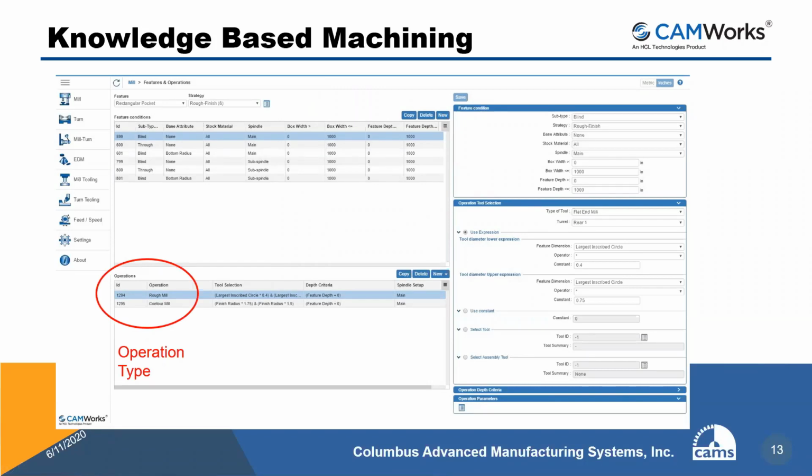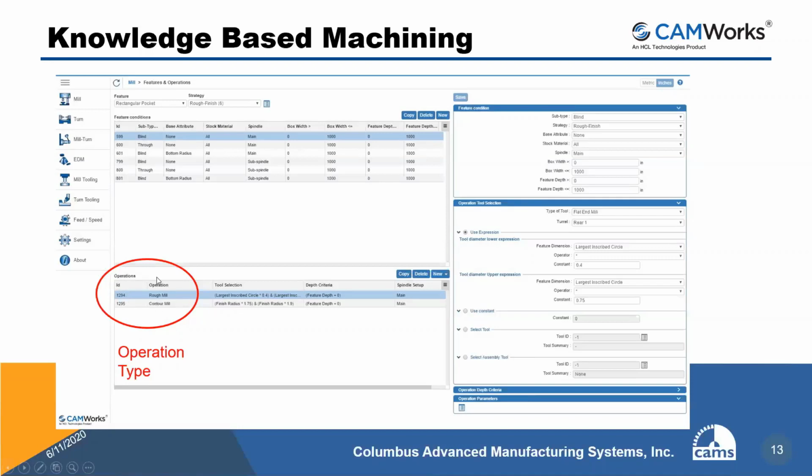Every different feature condition ID can have different operations, different tool selection criteria and different operation parameters. So for instance, this one right here, ID 599, is a rectangular pocket with a rough and finish strategy that's blind, any material type, on the main spindle, and pretty much any size between 0 and 1,000 inches.